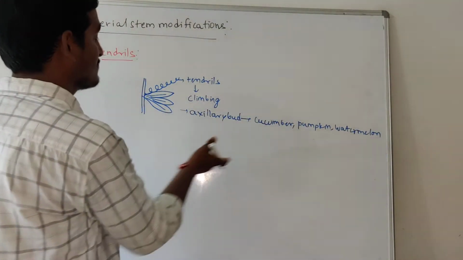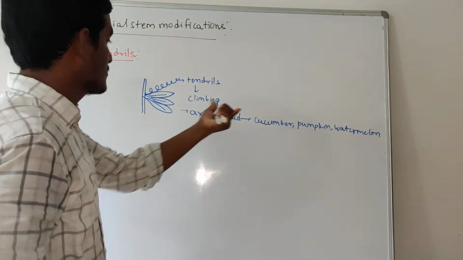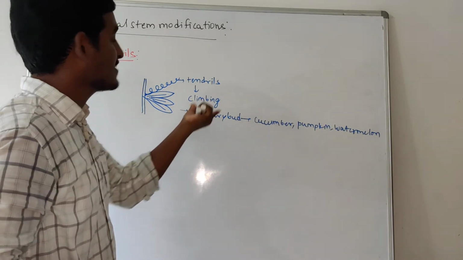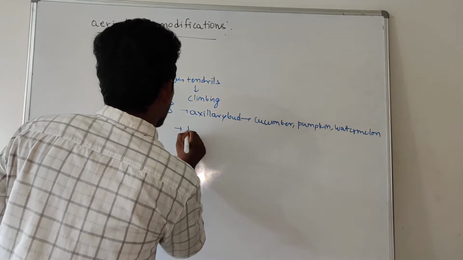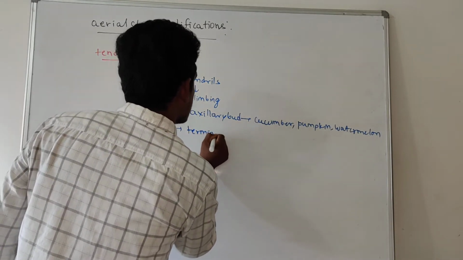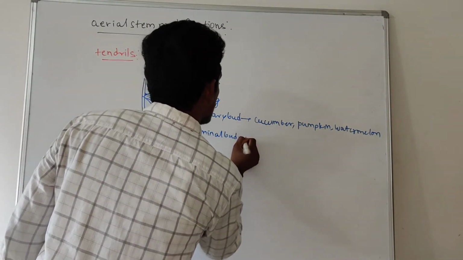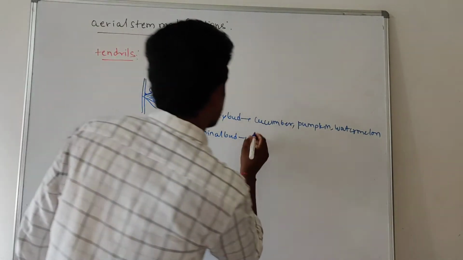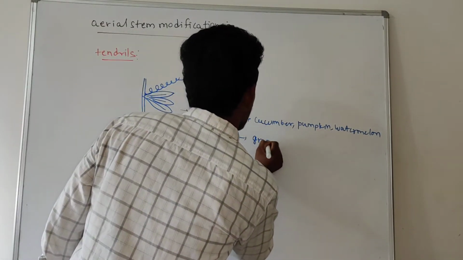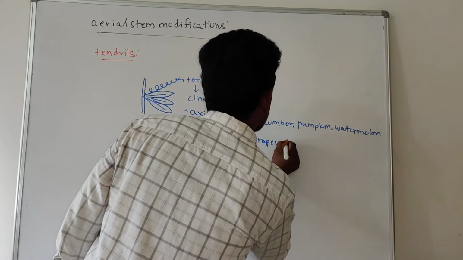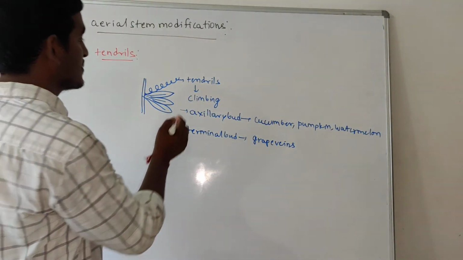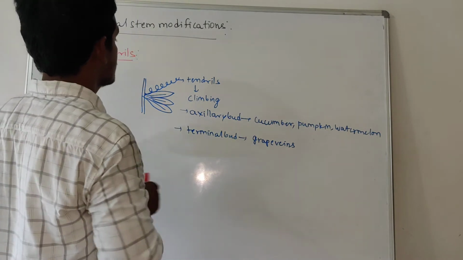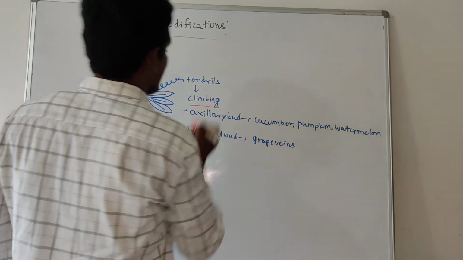These are the examples. If you take some plants, the terminal bud is also modified into tendrils. An example for that is grapevines. So that is about tendrils. The main function of tendrils is that it helps in climbing.